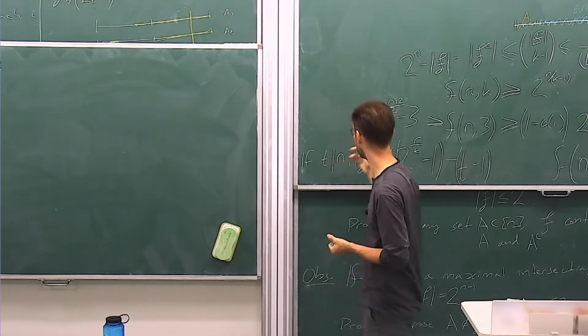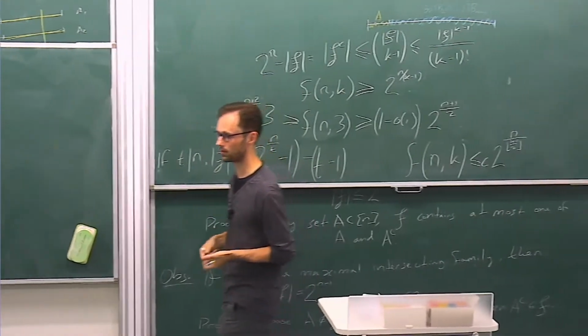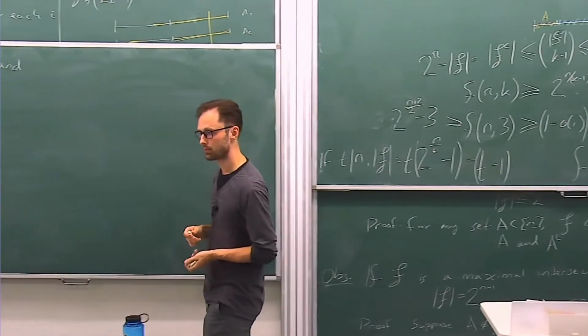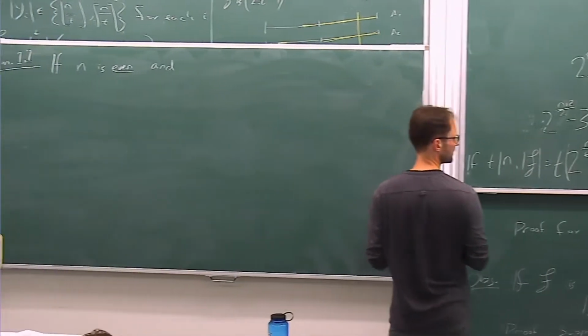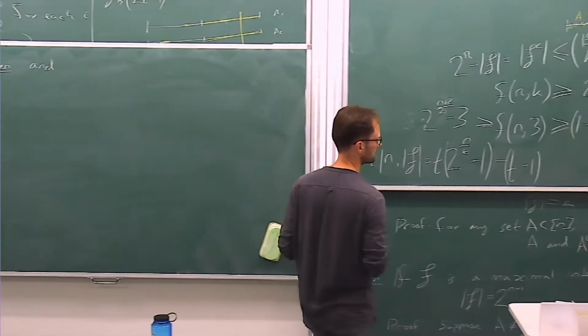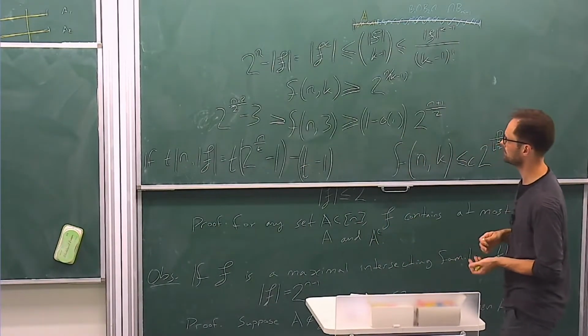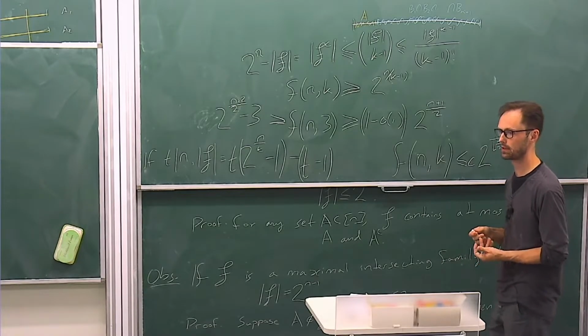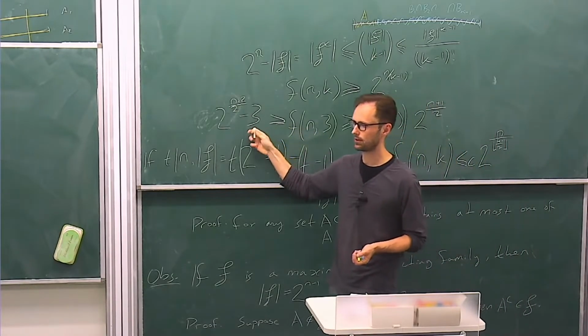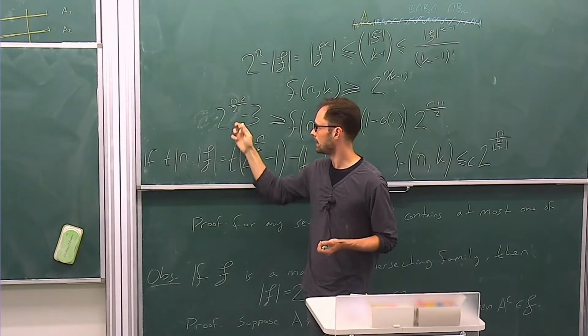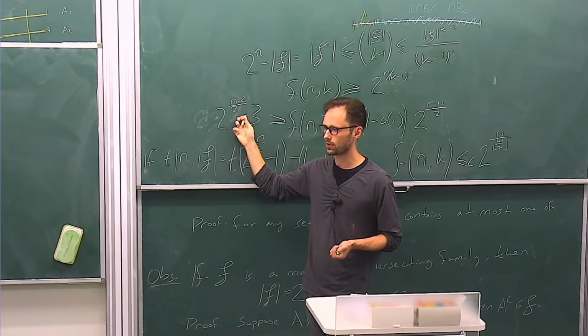And this is a different leading term. I guess the lower bound is, no, it's upper bound. Upper bound is a construction, and we can only get this type of construction if n is even.